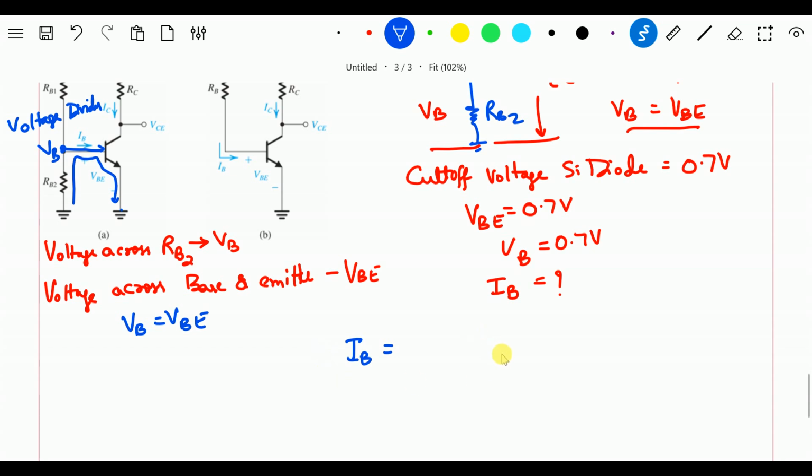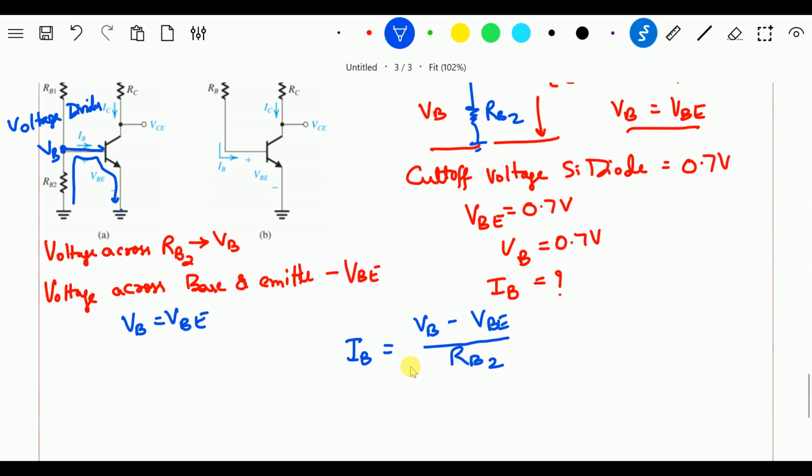So I can say IB equals VB minus VBE divided by RB2. That is the equation for IB.